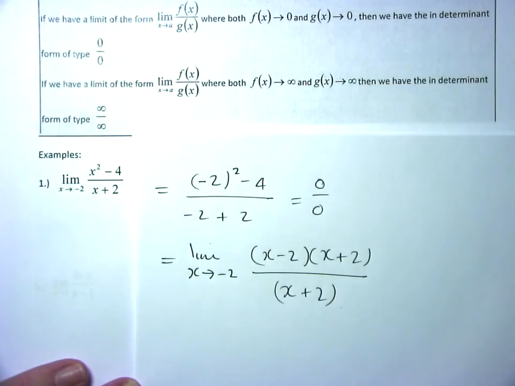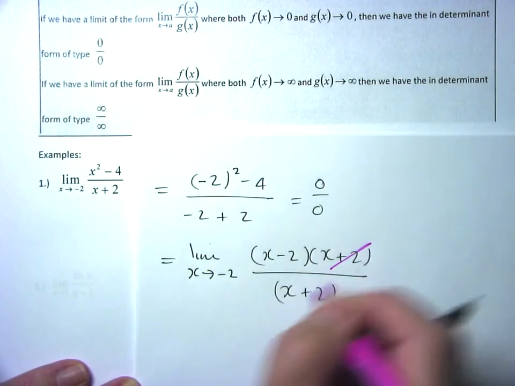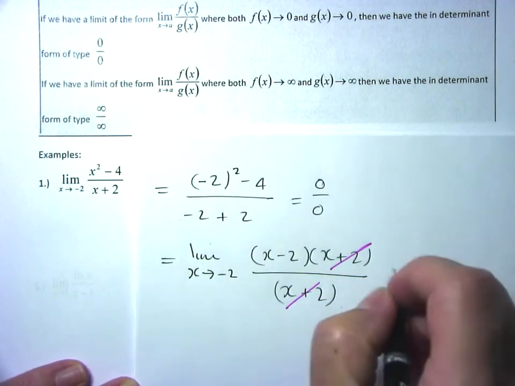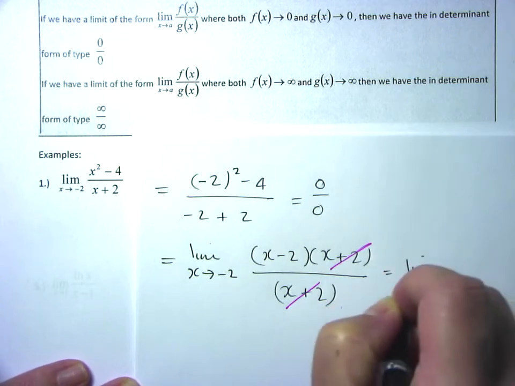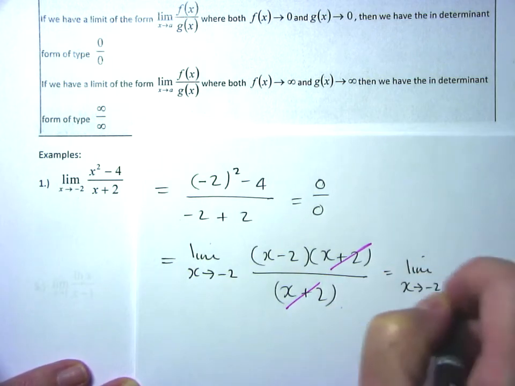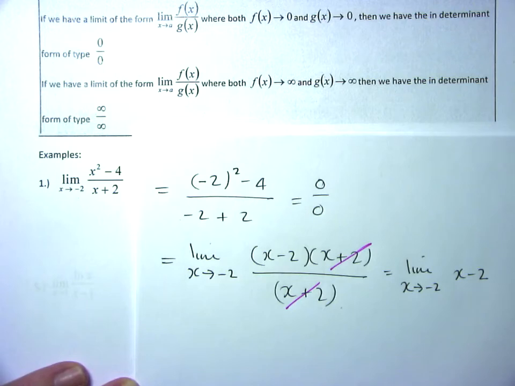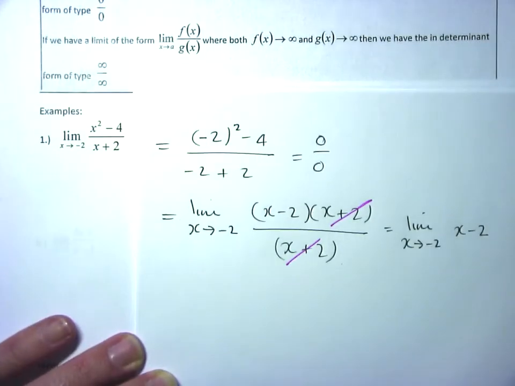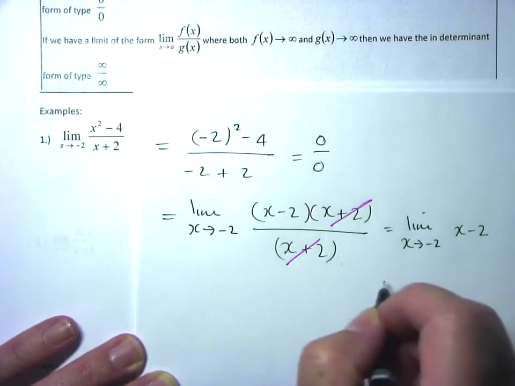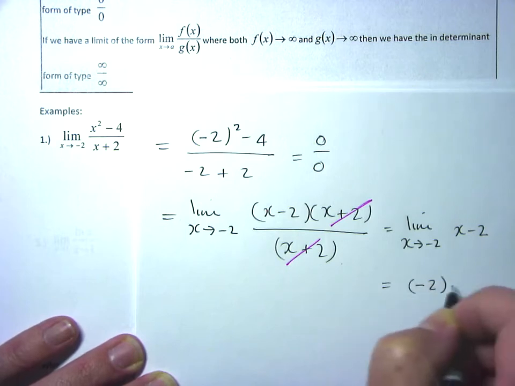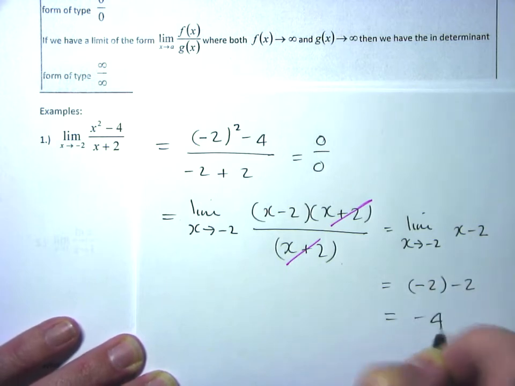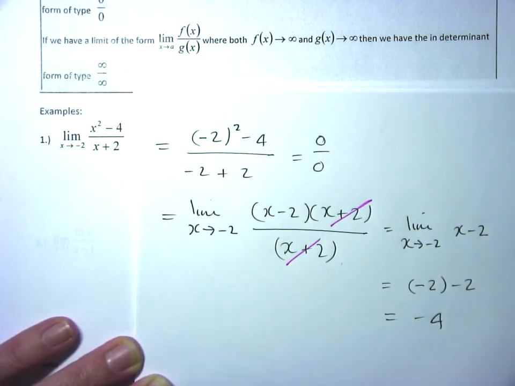And we will then notice that we have these two factors that can cancel out. So we have the limit as x approaches negative 2 of x minus 2 that I can now just evaluate. If I plug negative 2 in here, this will be equal to negative 2 minus 2, which is equal to negative 4. This is the old method of doing it, which is still just fine.